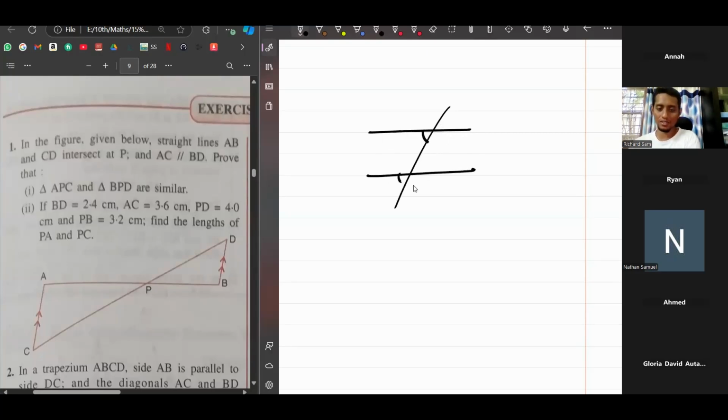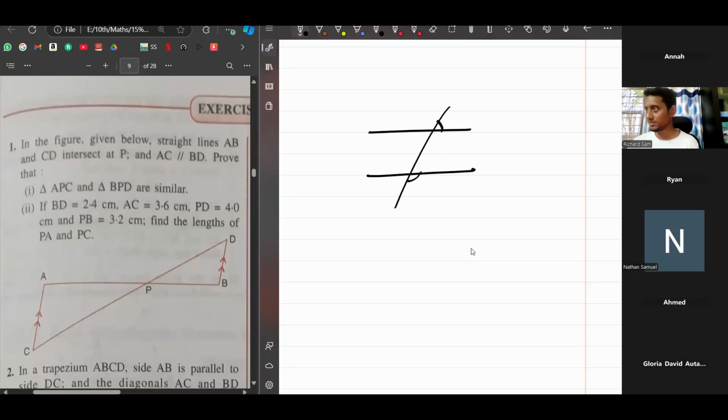Okay, next, this and this. Corresponding angles. These two. Co-interior. These two. Co-exterior. See, both are exterior and on the same side.